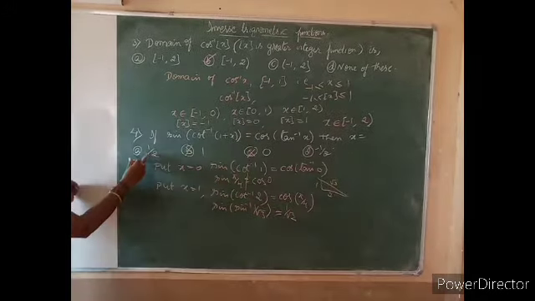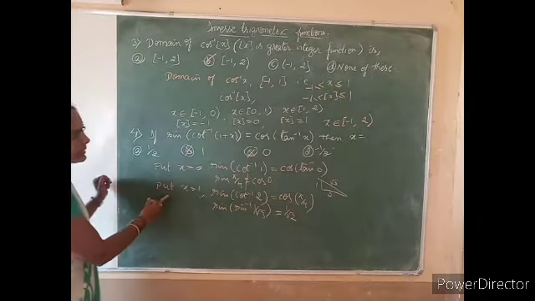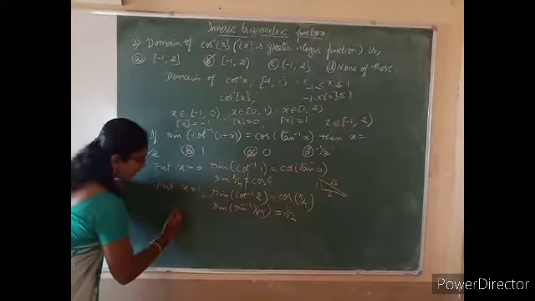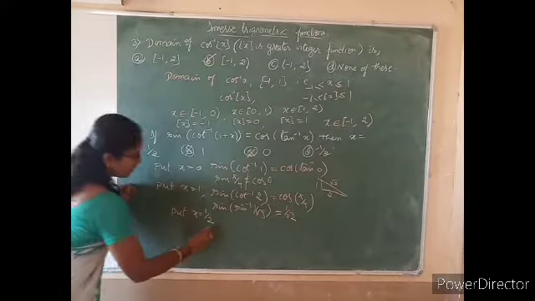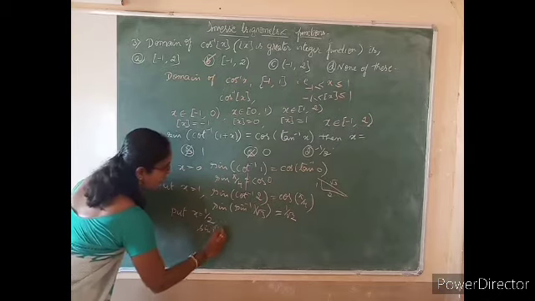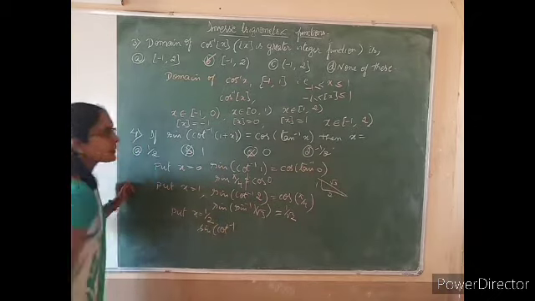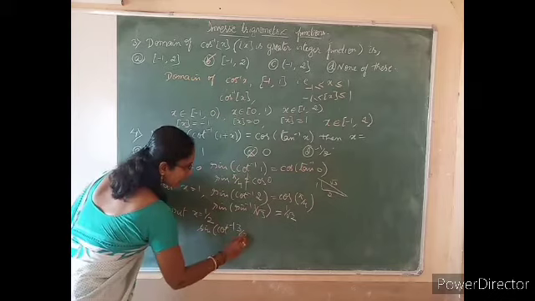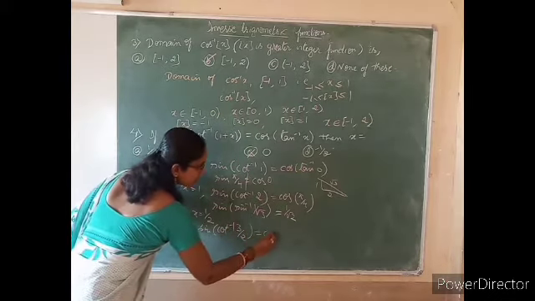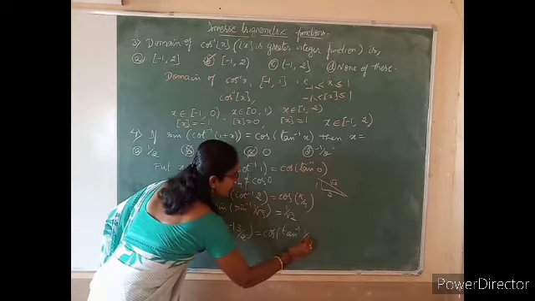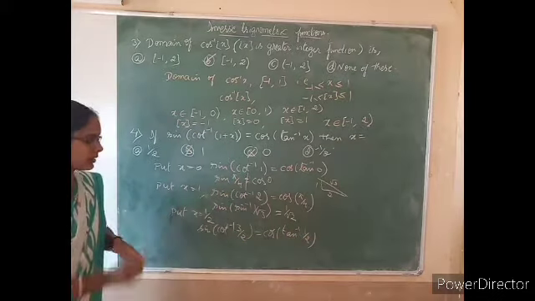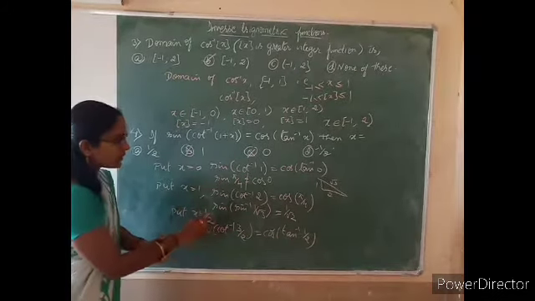Then I will move to 1 by 2 here. Put x equal to 1 by 2. So if I put x equal to 1 by 2, sine of cot inverse of 1 plus 1 by 2 is 3 divided by 2. On the right hand side also cos of tan inverse of 1 divided by 2. So here sine of cot inverse is there.